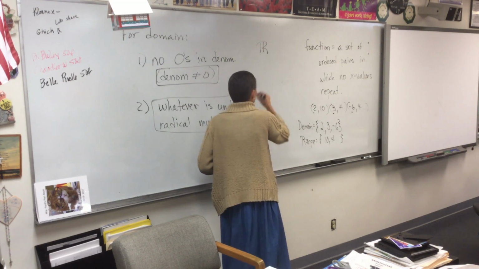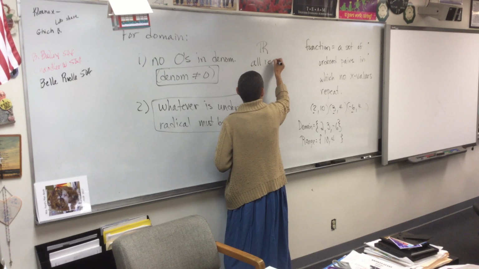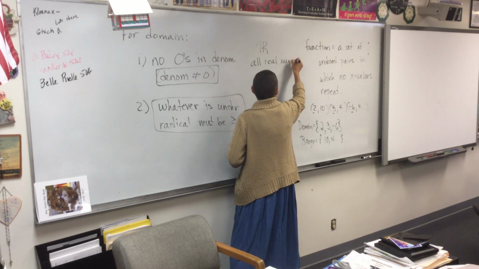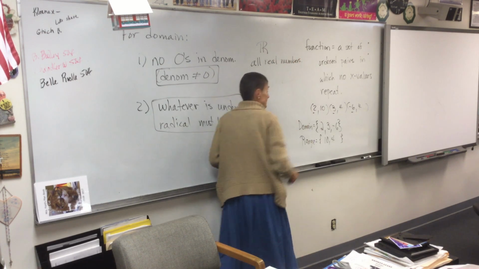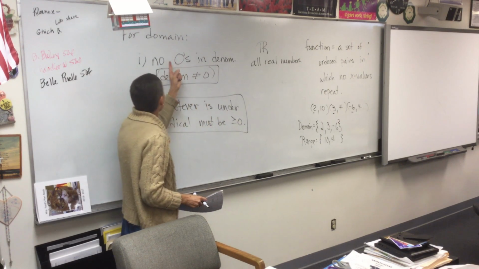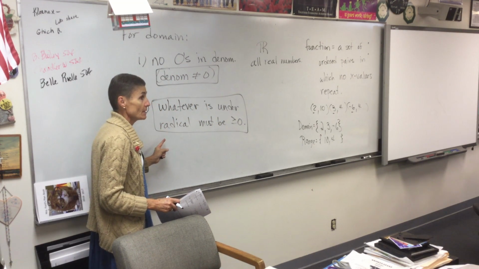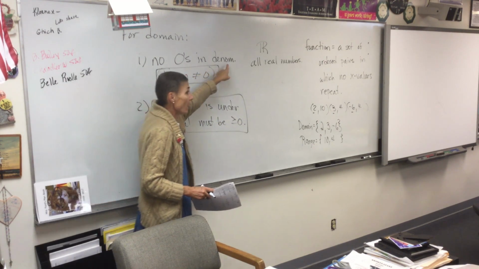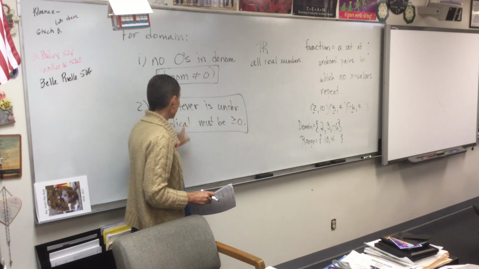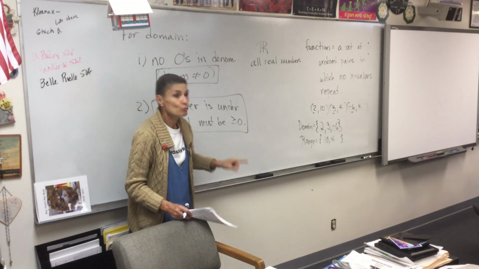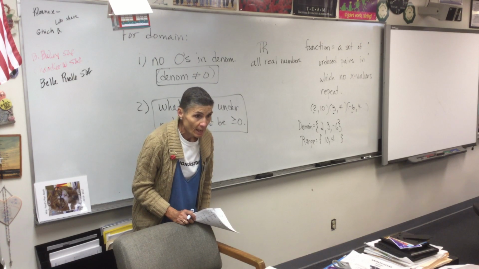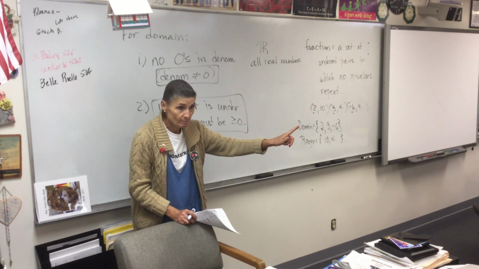That's the symbol for all real numbers, or you can write all real numbers. Now listen to me. These are the problems with domain. If you don't have a denominator and you don't have a radical, then you don't have a problem, and your domain is all real numbers. Everything.